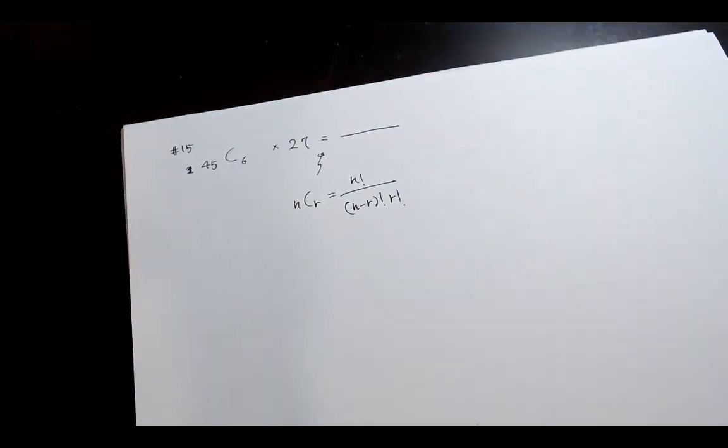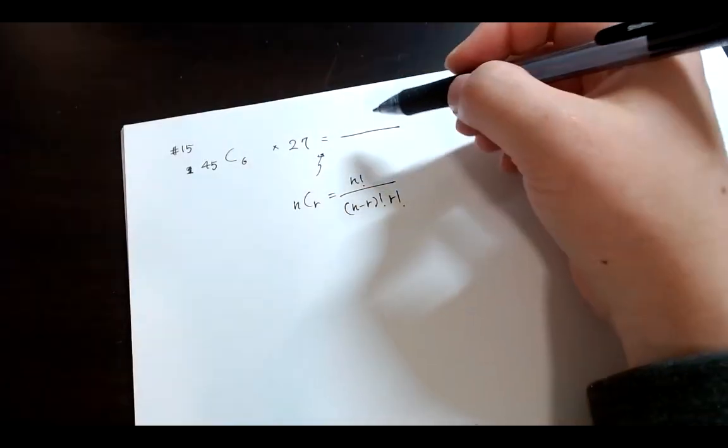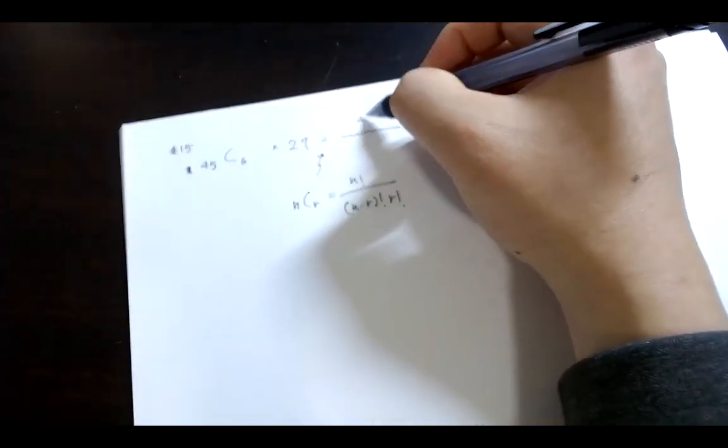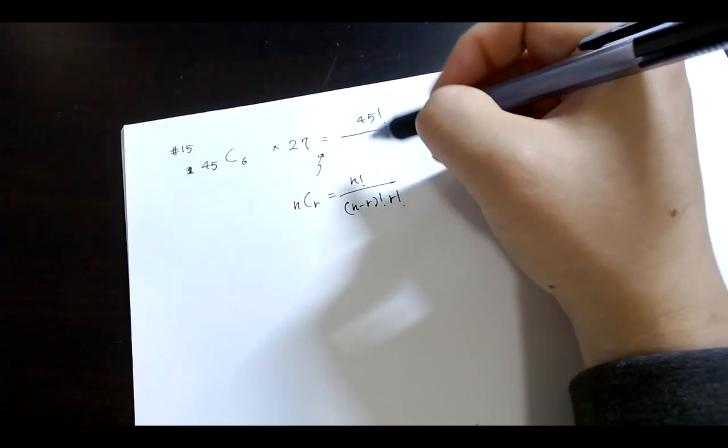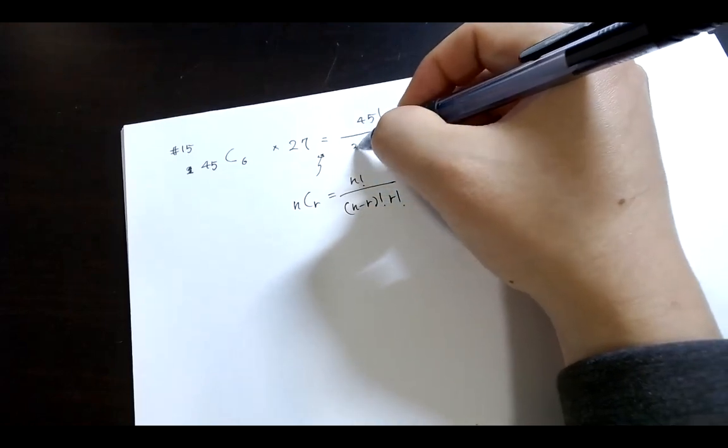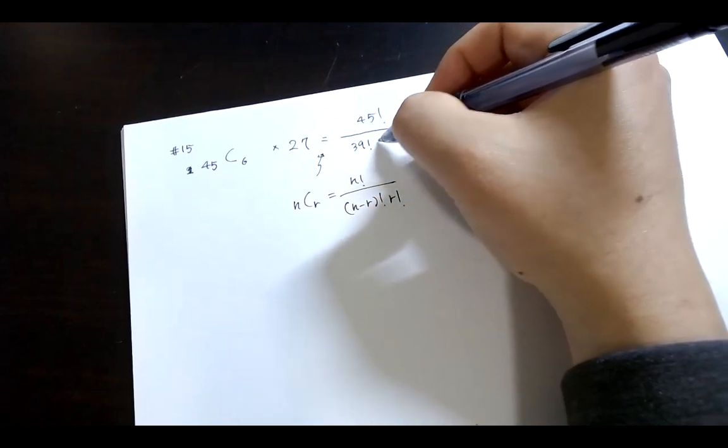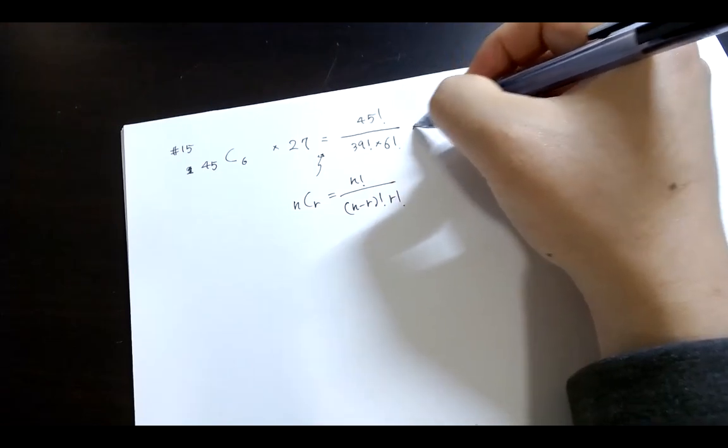Applying it, n factorial is 45 factorial, n minus r is 39 factorial, times r factorial, 6 factorial, times 27.